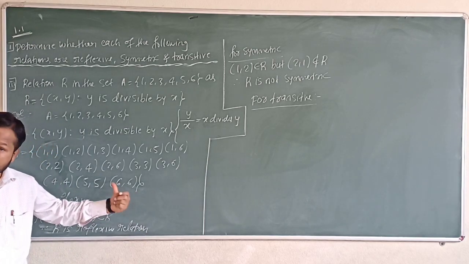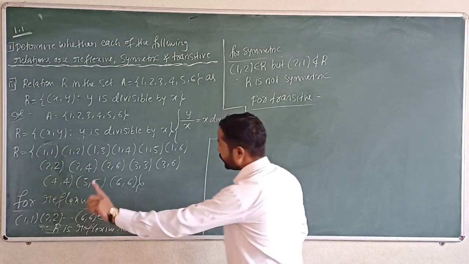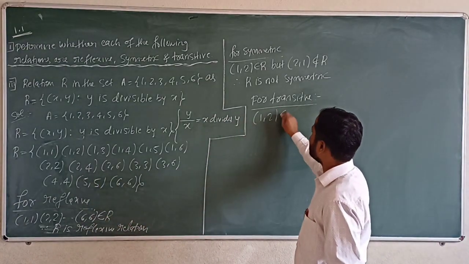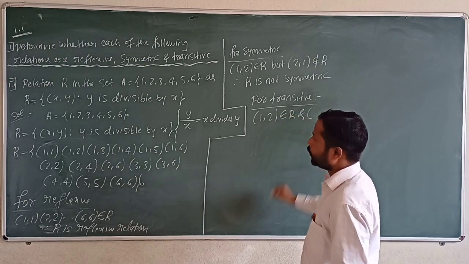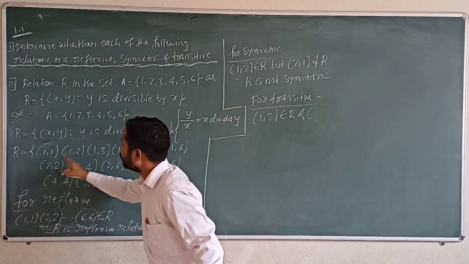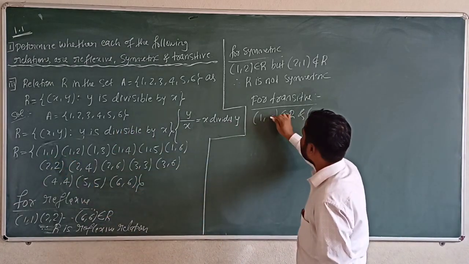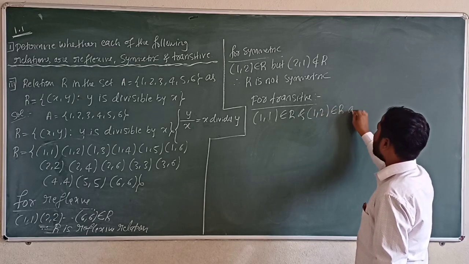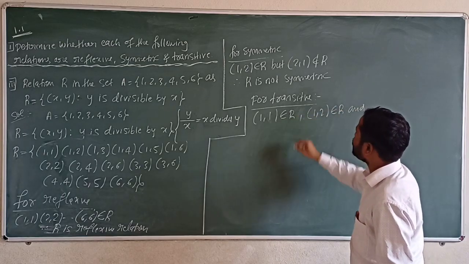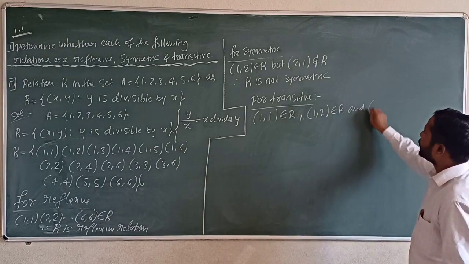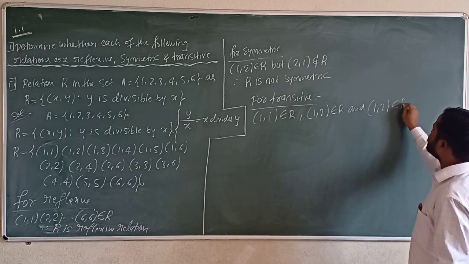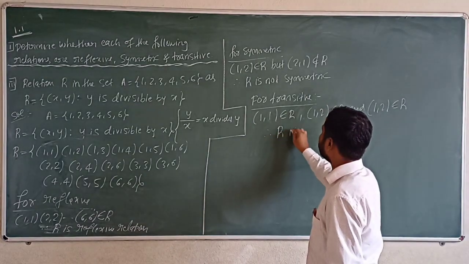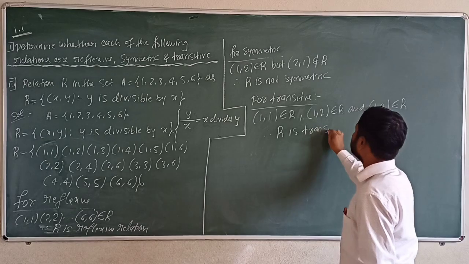So take one standard reason here. When we take 1, 2, it belongs to R, and 1, 2, 1, 1, 1 and 1, 2. Now 1, 2 belongs to R and 1, 2 also belongs to R. Now present, so therefore R is a transitive relation.